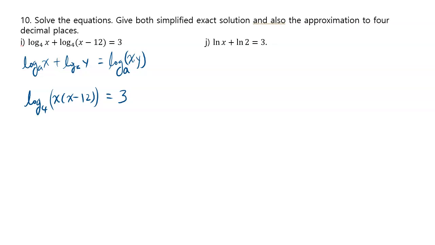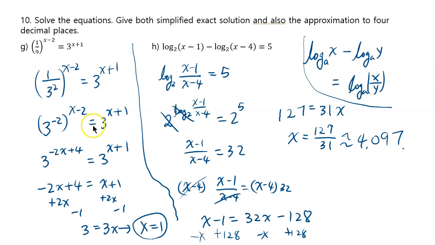Oh, by the way, let me go back, because I forgot to say something. When you have these values, you have to make sure that you can still plug them in and get the answer with no problem, because logarithms have a domain of positive numbers only.